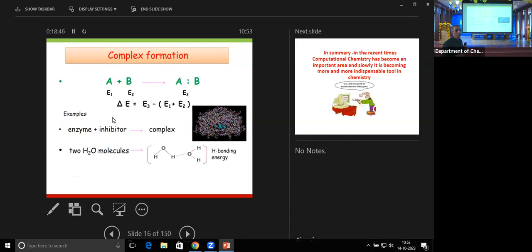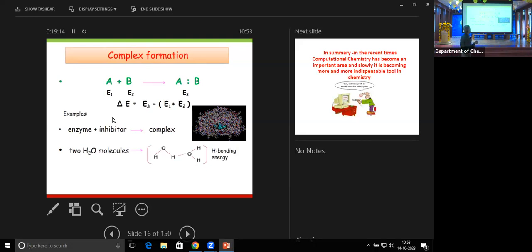So it's the same principle here. What is docking? Docking is A plus B. Let us say a protease or a protein molecule, A, and a molecule which you think of as a drug or an inhibitor, B. They sit together and form the complex.